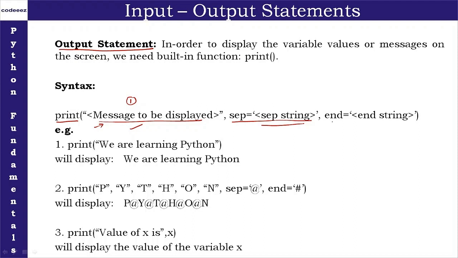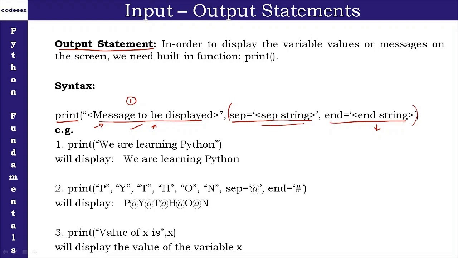And the third argument is the end string. The end string character simply gets inserted at the end of the first argument, right? So basically these two are the optional ones. We may use them or we may not use them as per our requirement.